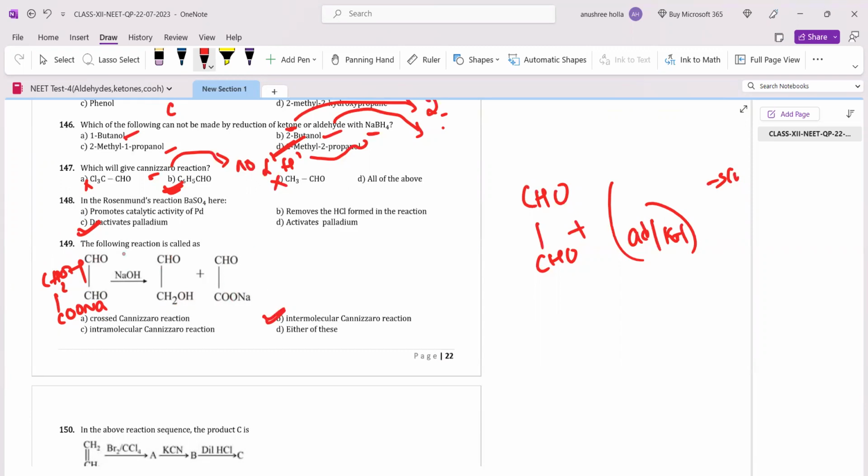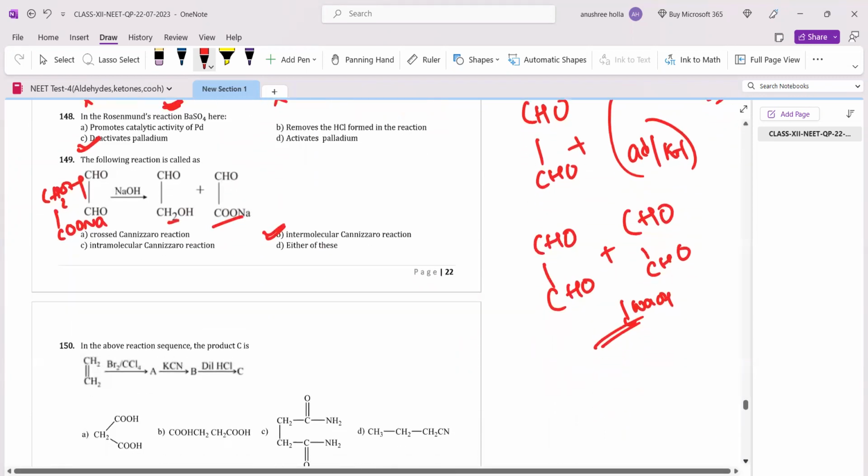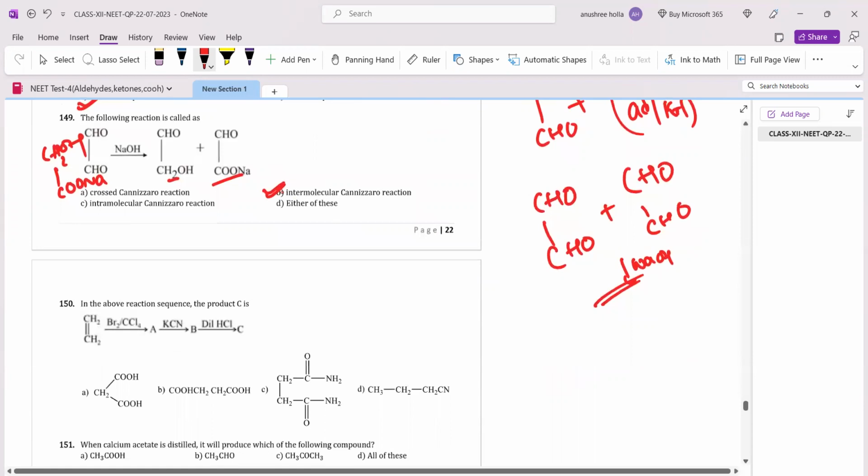So this should be intermolecular. So you should take two dicarbaldehyde molecules and then this on NaOH will yield this product, alcohol and carboxylate, reduced and oxidized product, self-reduced and self-oxidized product. So this is intermolecular Cannizzaro reaction.